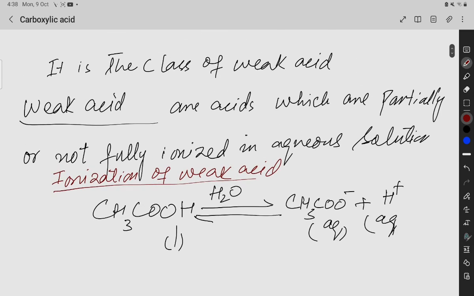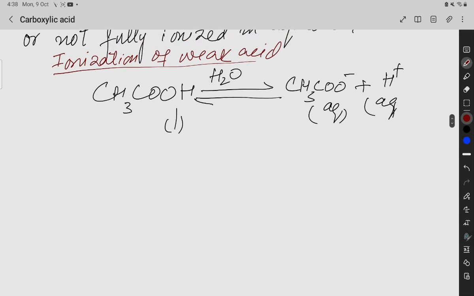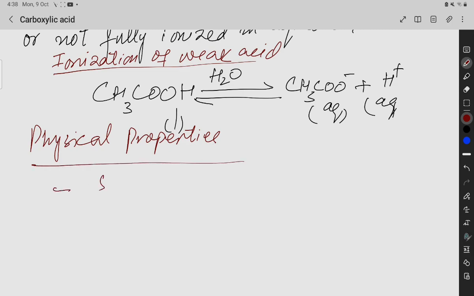Okay. Now you know all physical properties are just like acid. Physical properties, this is ionization. Sour taste, it turns blue litmus paper red.